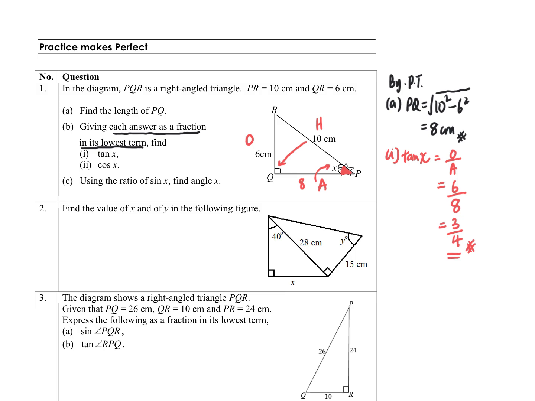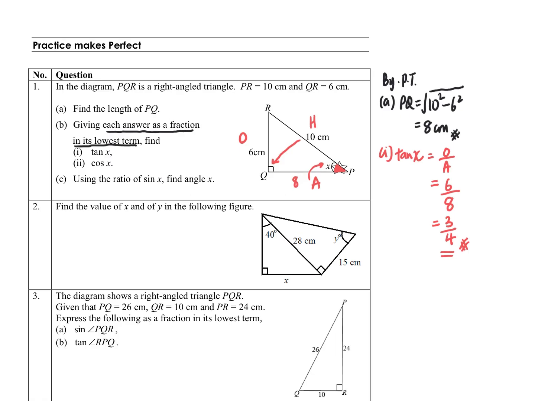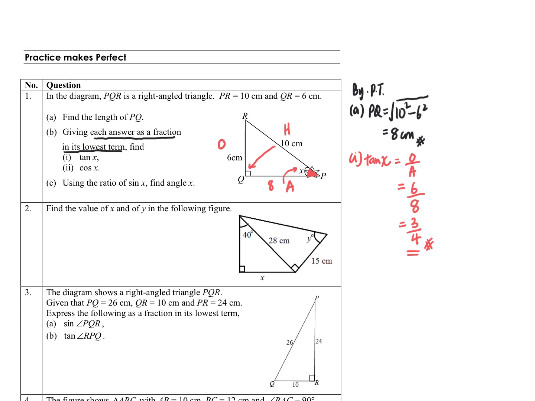So don't tangent inverse and find the angle. I just want the ratio. If you want to find the angle X, you will do tangent inverse 3/4. So how to call out the function tangent inverse? You shift tangent, then you key in 3/4. It will give you the answer of the angle. Okay, but I don't want the angle yet. For now, it's just the ratio.